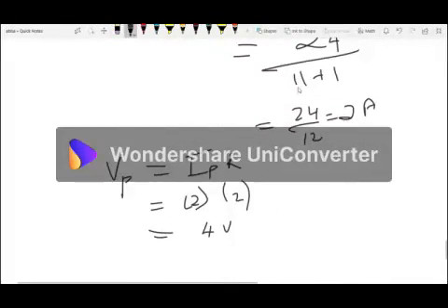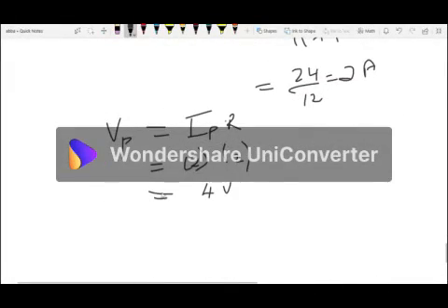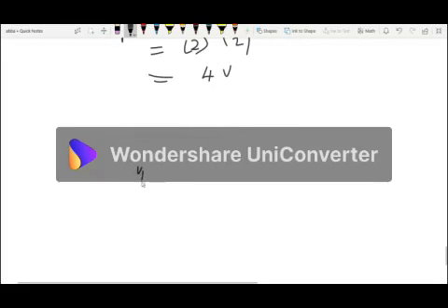Or you can alternatively choose to use Vp equals E minus Vr, the small letter r, your internal voltage, minus your VR3, which is going to be your series connection.